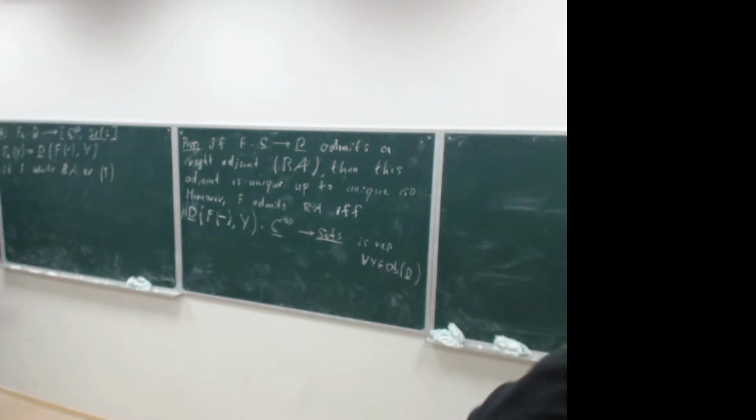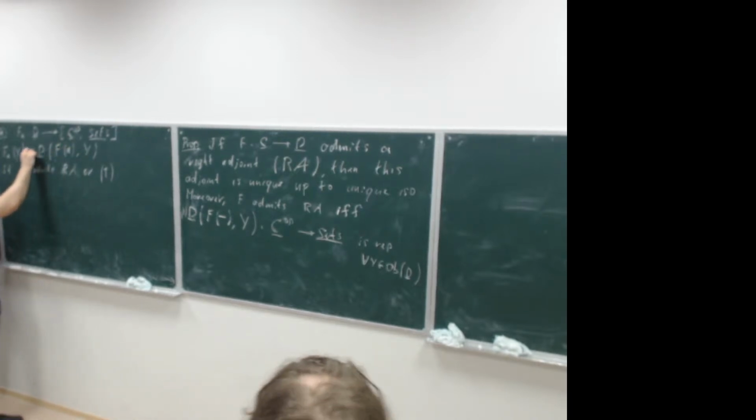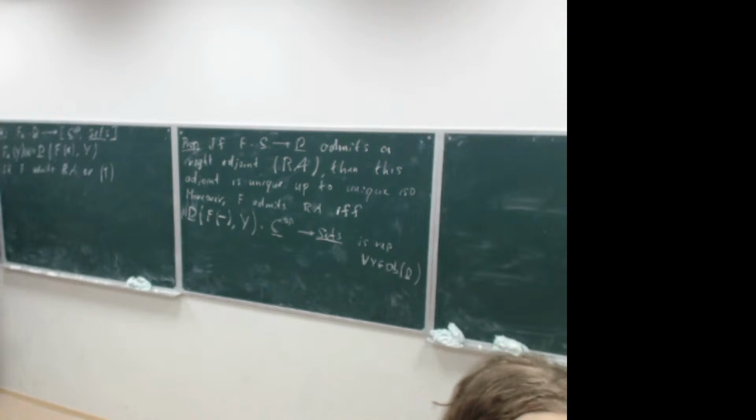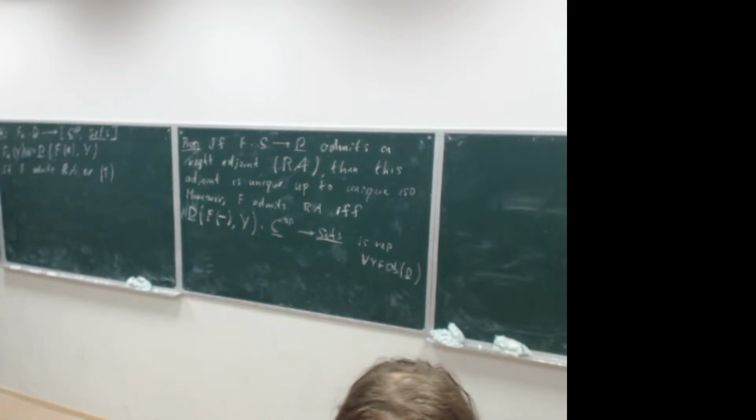Maybe it will be a little bit clearer if you remind us how this particular functor, the object corresponding to y, works. So if you want to understand this functor, you just plug in x here. I thought that this is completely trivial. Yeah, it is, but just to make it a little bit clearer.